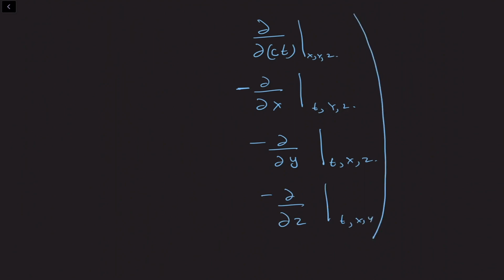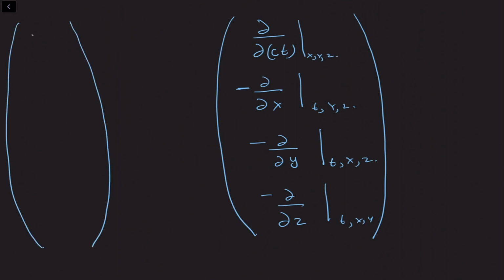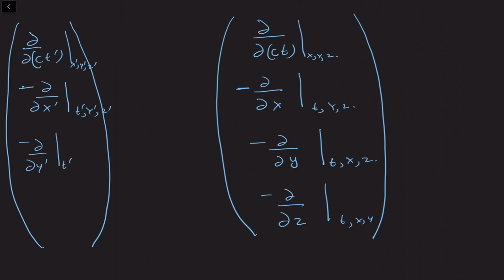These four quantities are related to the corresponding quantities in the S prime frame, which is partial ct prime, where here x prime, y prime, and z prime are held constant, and minus partial x prime, where again the quantities that I'm holding constant are t prime, y prime, and z prime, and minus partial y prime, and the quantities that I'm holding constant are t prime, x prime, and z prime, and minus partial z prime, where the quantities I'm holding constant are t prime, x prime, and y prime.